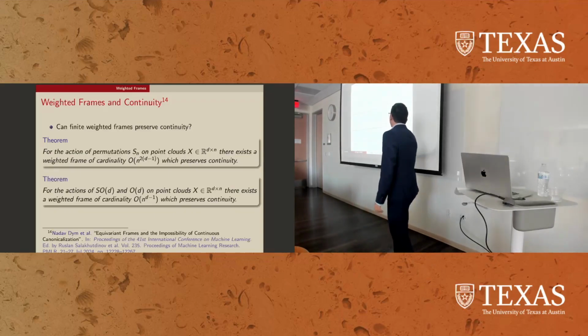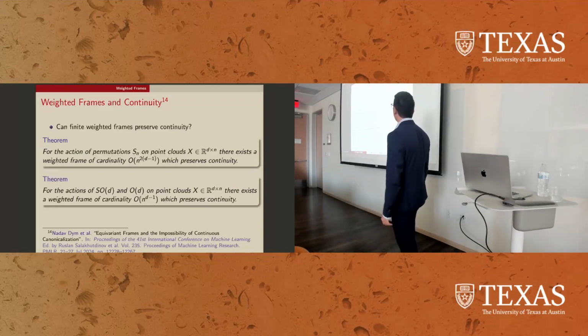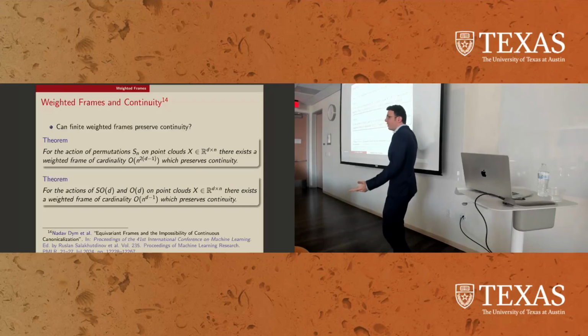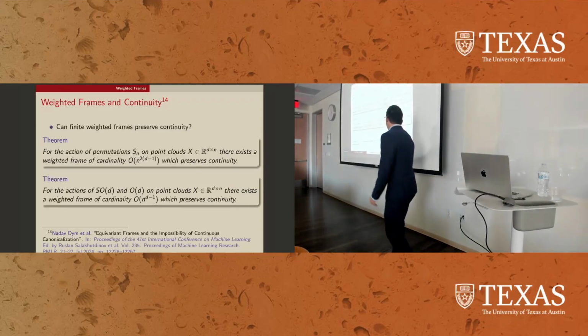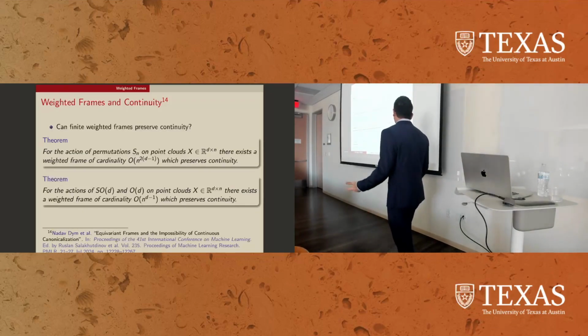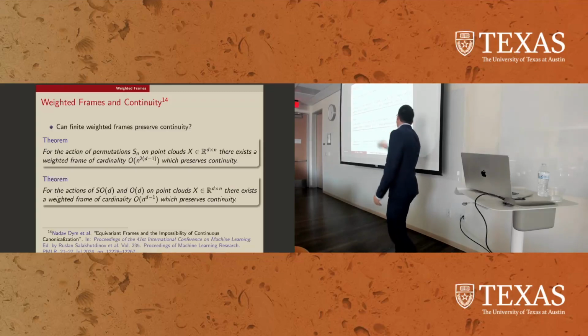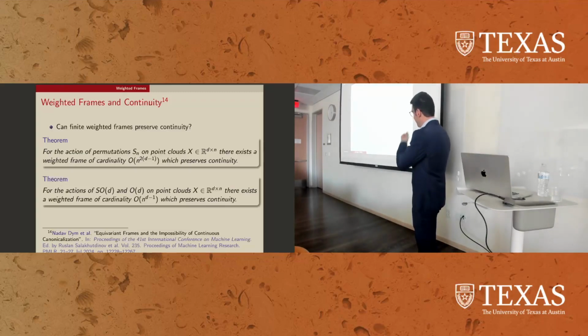Now, these are still very large frames, n to the 2 times d minus 1, but it's a lot less than n factorial, which would be averaging over the whole symmetric group. And n to the d minus 1 is also fairly large, but it is at least finite, and one could deal with it.